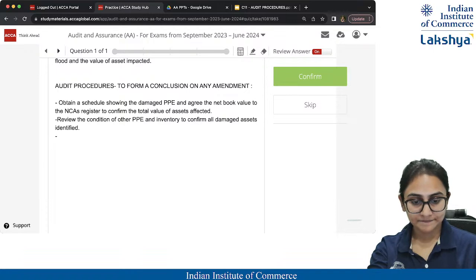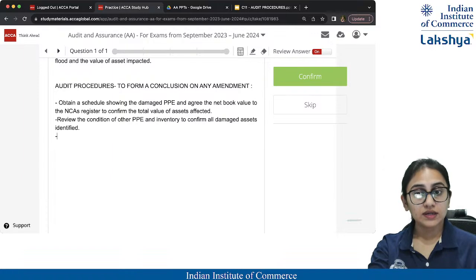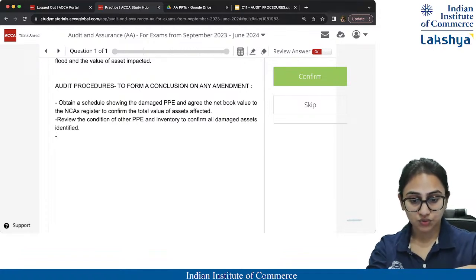Then, does the damaged asset require zero scrap value assessment? So discuss that with the management.